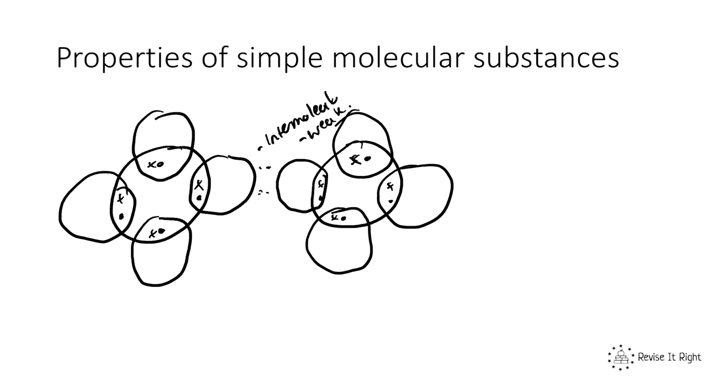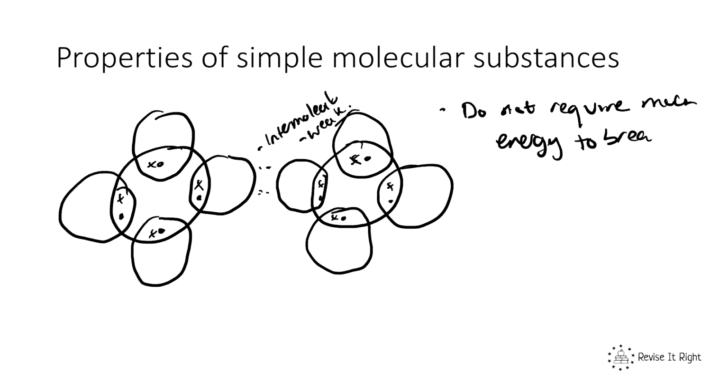What that means is that they do not require much energy to break. Although these covalent bonds that I'm circling here are very, very strong, the intermolecular forces between the different molecules are weak. Because of that, it does not require much energy to break.